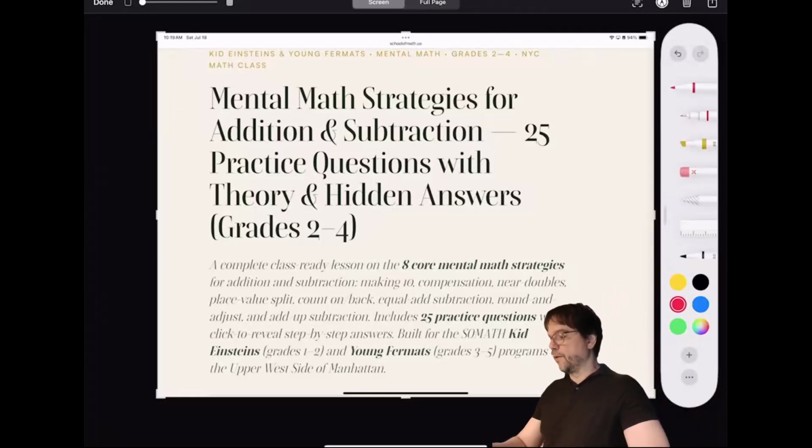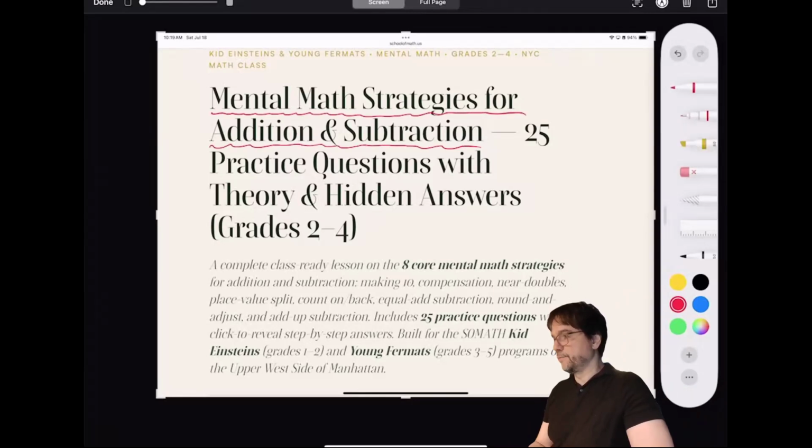So today we will see these mental math strategies for addition and subtraction. Okay, folks.